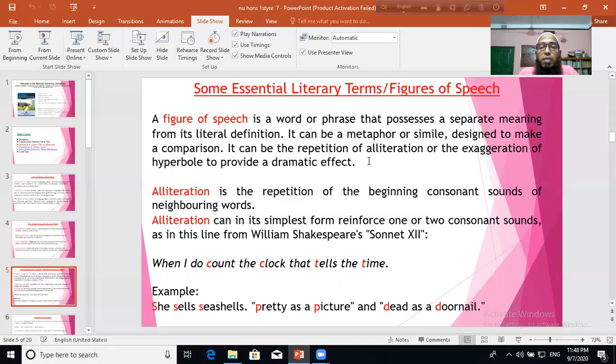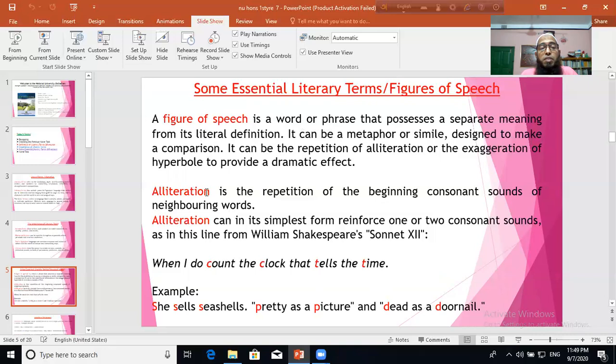As we decorate our house to beautify our house, so writers or speakers decorate their writings or speech using some ornamental expressions. That is called figures of speech. For example, simile, metaphor.